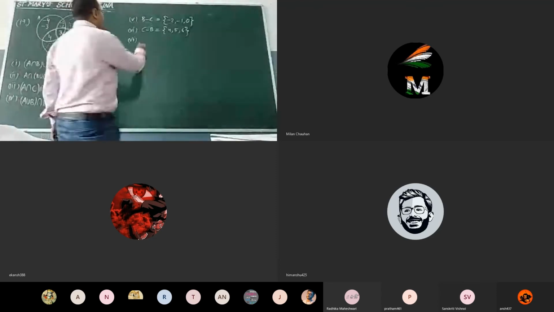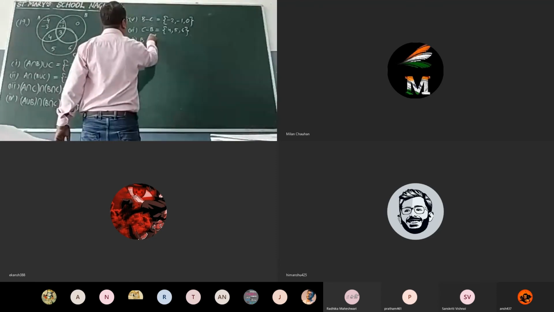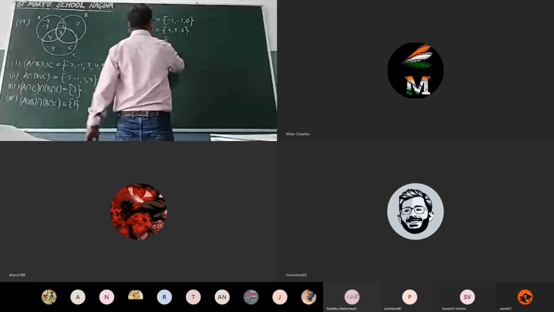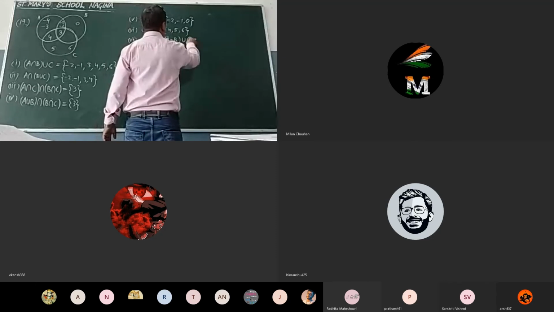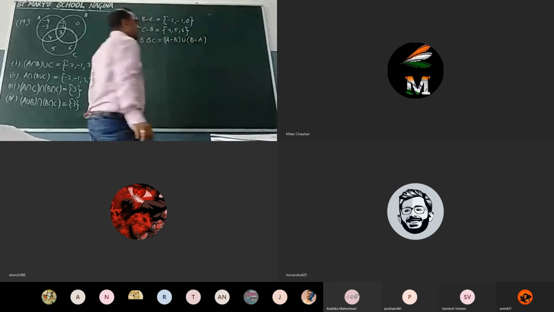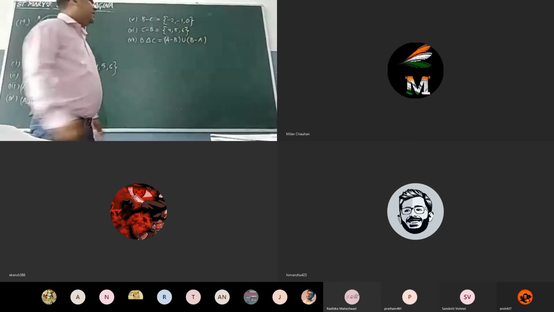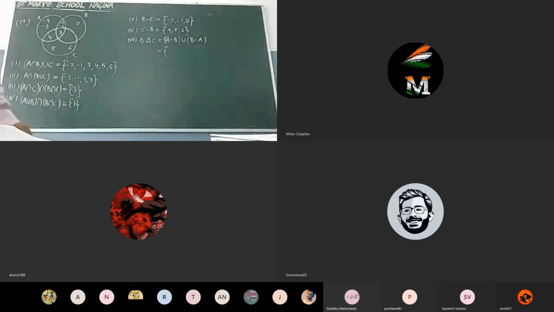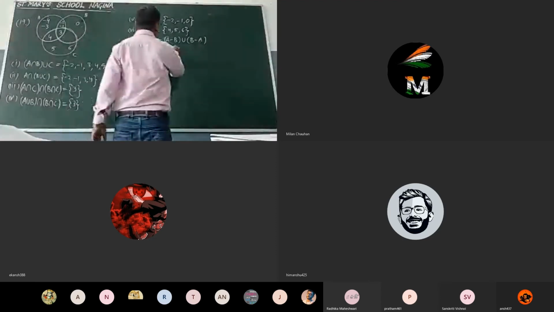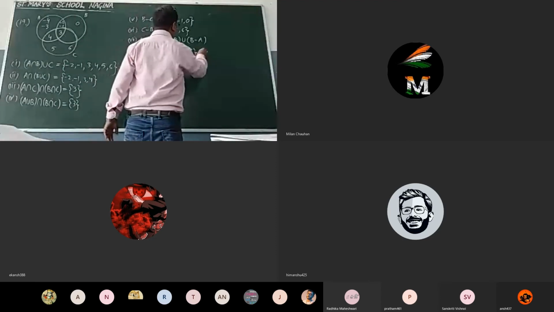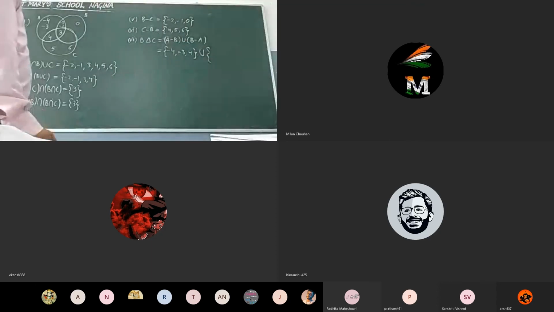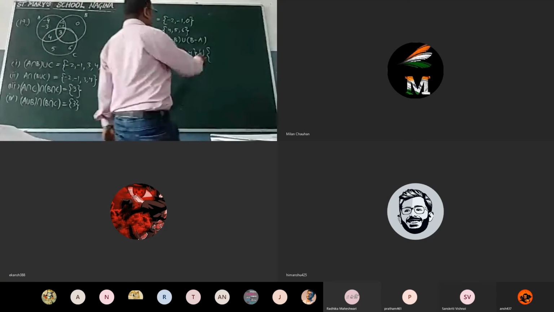B symmetric difference C. You know, symmetric difference means A minus B union B minus A. So elements of A which are not the elements of B are -4, -3, 4, union elements of B which are not the elements of A: 0.